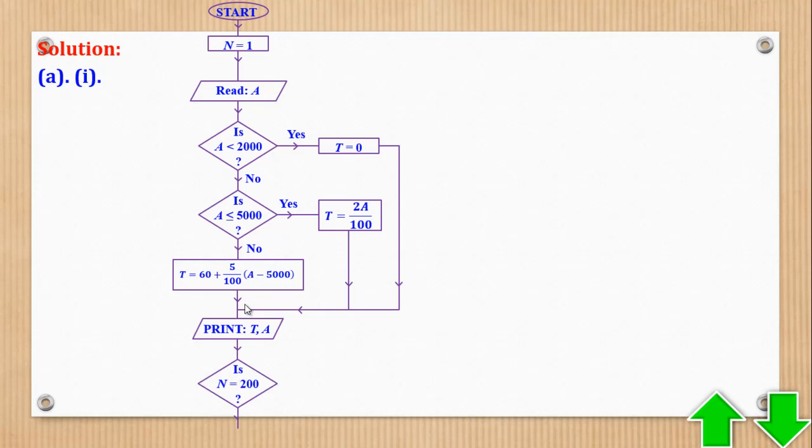If yes, we stop. But if no, we increase the number. And after increasing the number, we go back to the amount to read A. So basically, that is your flow chart.